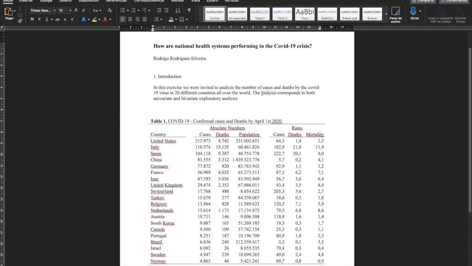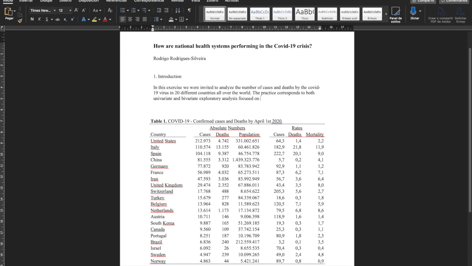The exercise, avoid the practice to both. You always try to avoid repeating words. It is a good rule for writing. So exercise I already have used here. So I use practice. Analysis I use just once here, but try to avoid repeating many times. The practice corresponds to both univariate and bivariate exploratory analysis.